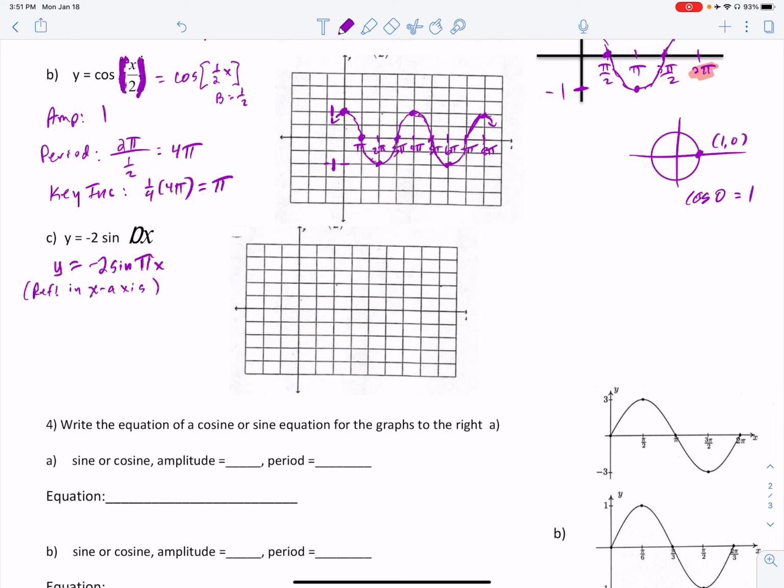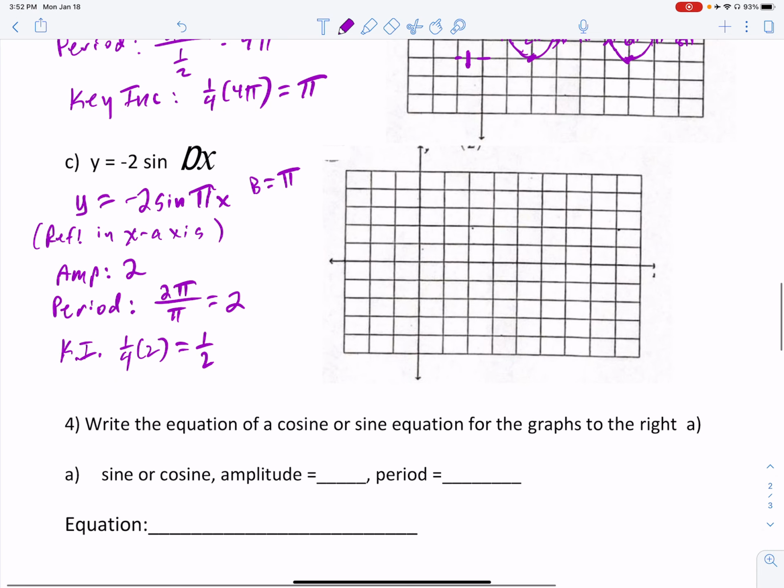And then the amplitude is 2, and the period is 2 pi divided by b, in this case, pi. It's that coefficient of x. And so the period in this case doesn't have pi in it. It is just an integer value of 2. So my key increment, ki for key increment, is 1/4 of the period, and 2/4 simplifies to 1/2.